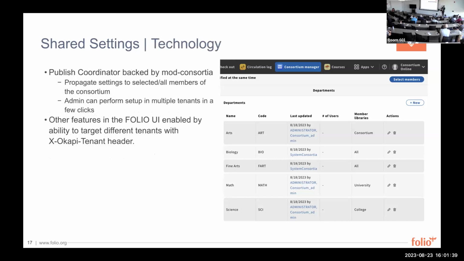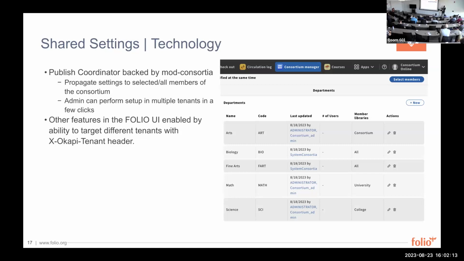To propagate all the settings across the consortium, there's a publish coordinator that is backed by Consortia, a backend module that is responsible for a lot of the synchronization and coordination of the features that have been mentioned so far. With the publish coordinator, you can target multiple tenants with the same payload. That's how we get to say, I want to share this setting across the consortium, and I want to unshare them.